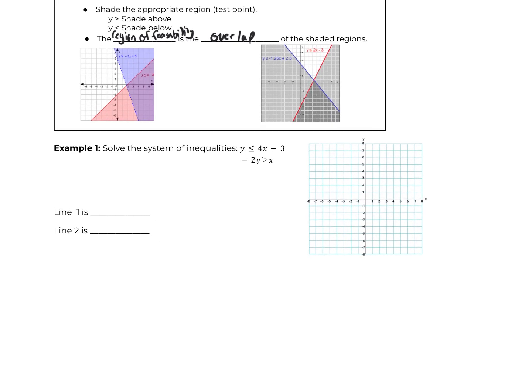So the system of inequalities here, we've got y is less than or equal to 4x minus 3. So we're going to start with a y-intercept of negative 3, a slope of 4, which means I go up 4 and to the right 1. And then I can go down 4 and to the left 1. I'm going to use a solid line to connect those.